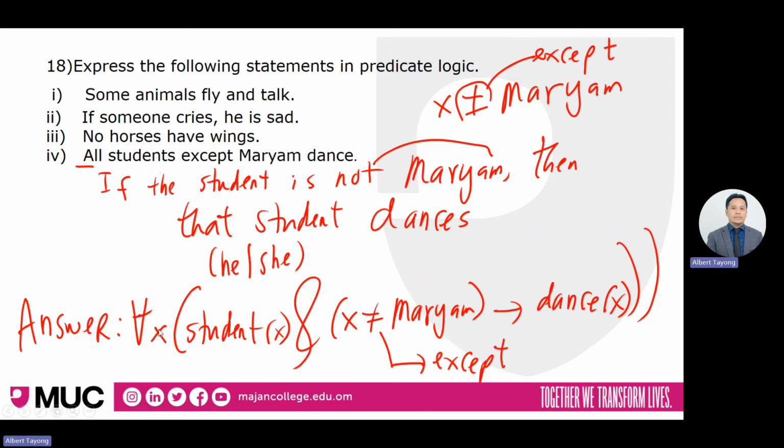Or if a student, because we have the if-then symbol here, if a student is not Mariam, then X, he or she dances, or that student dances. Okay, so that's the answer here. I have answered all these questions. I want you to, again, go back to this recording later and try to master how to do this.